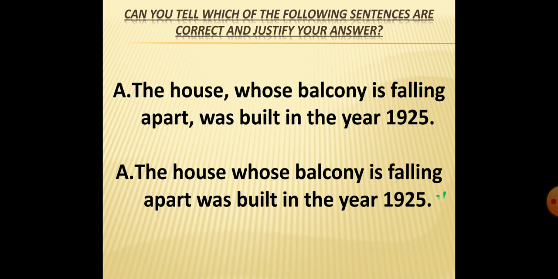It defines the house we are indicating in this example. If we were to use the first one, it would mean any house, but here we need the house whose balcony is falling apart; it is the one that was built in the year 1925.